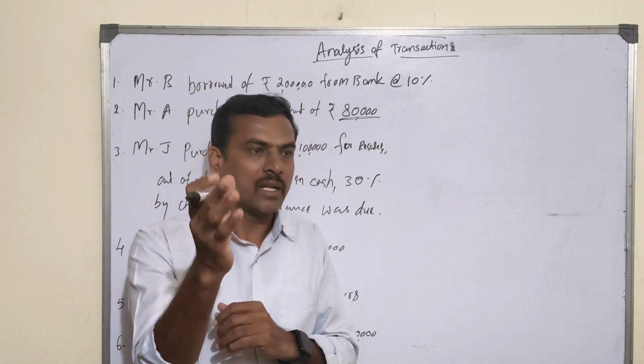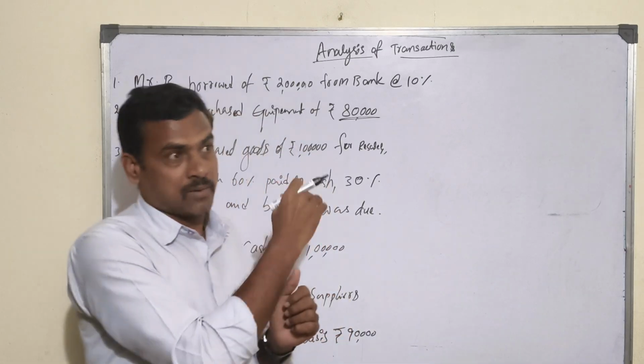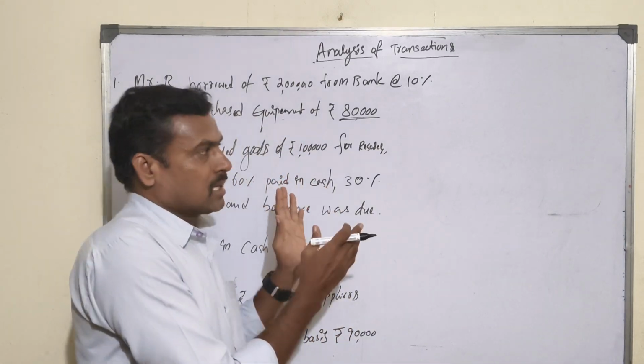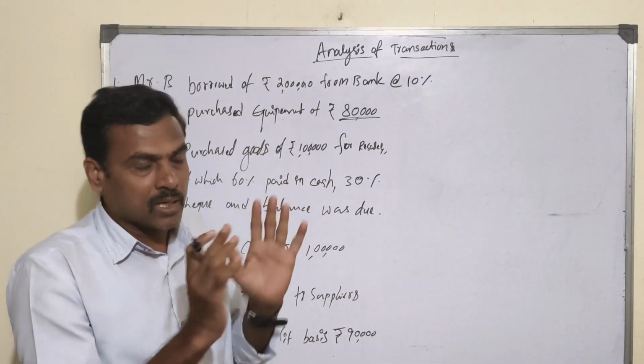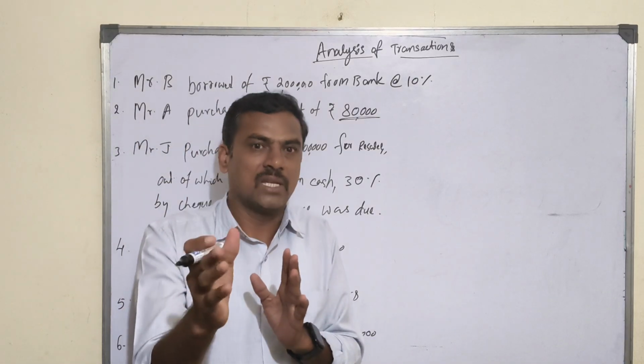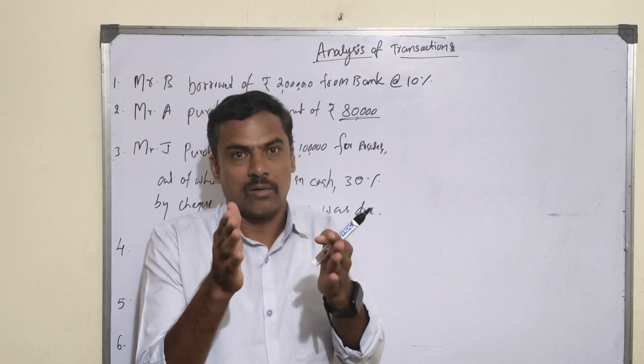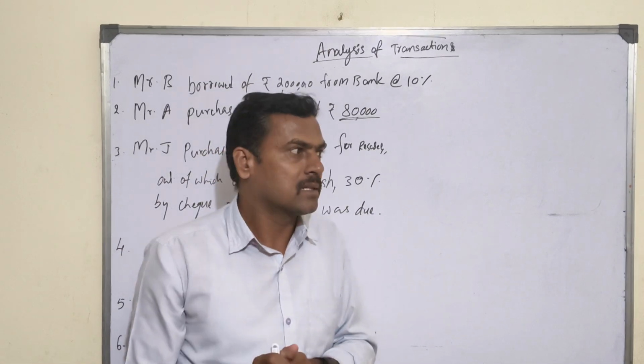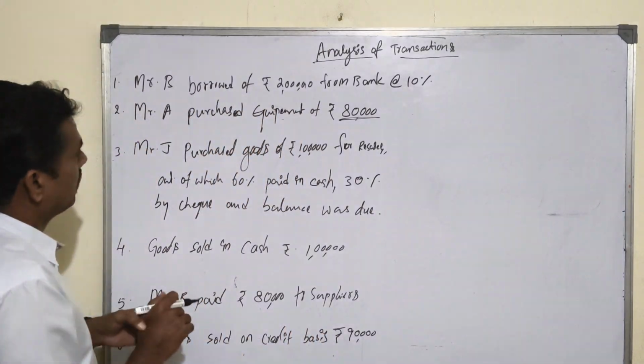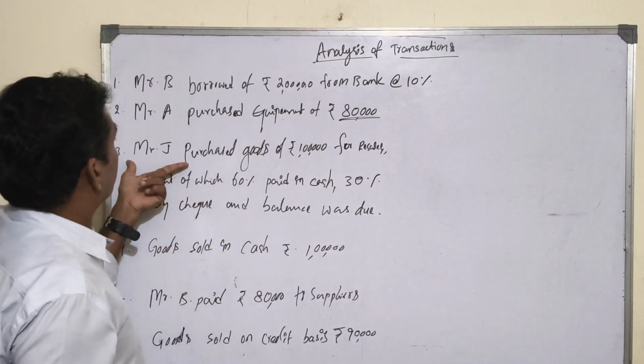And when you are working on a real-time basis, these are very good examples. The examples I'm giving are just five, but if you apply the same logic and analysis of business transactions, you will understand the financial statements of the entity very well. Okay, let's talk about the next example.